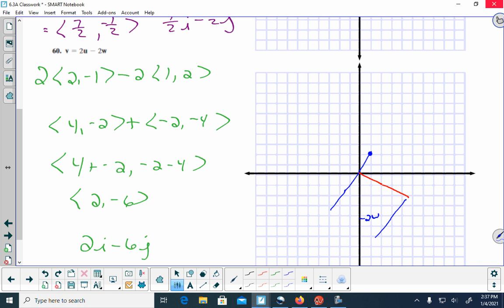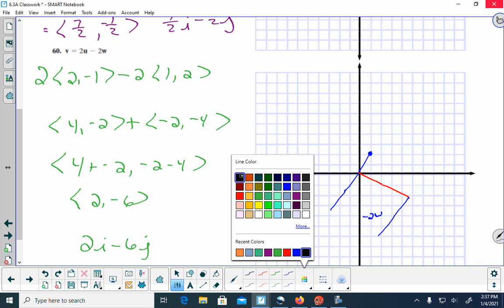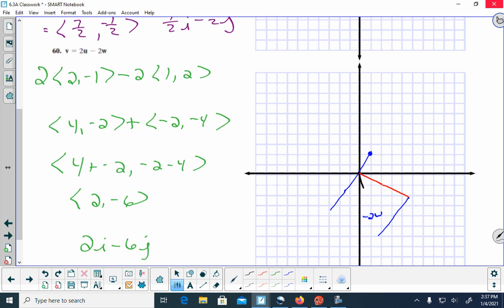So that's going to go here. And then from my origin, I'm going to go from here to here. It should be 2, -6, and I'm pretty close. If I make a big dot, that is 2, -6. So that's the visual representation of what we did.